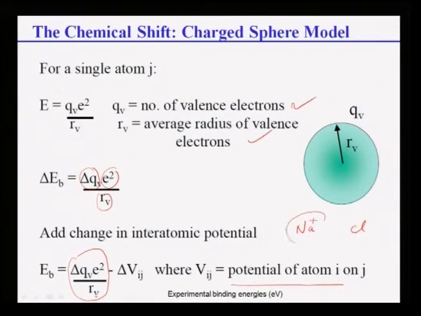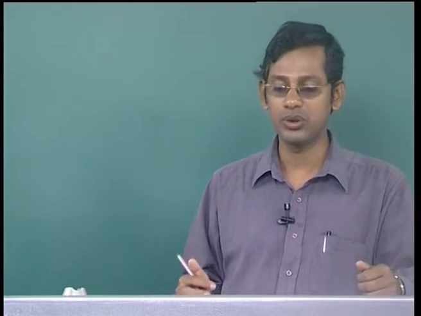Now when this Na plus charge and this electron is taken by chlorine, it comes close to chlorine, and there is a potential change. So one needs to use this delta V_ij along with the change in the binding energies to calculate the exact binding energy of the sodium ion in the neighborhood of the chlorine ion. That is what is calculated in this model, the charge pair model.